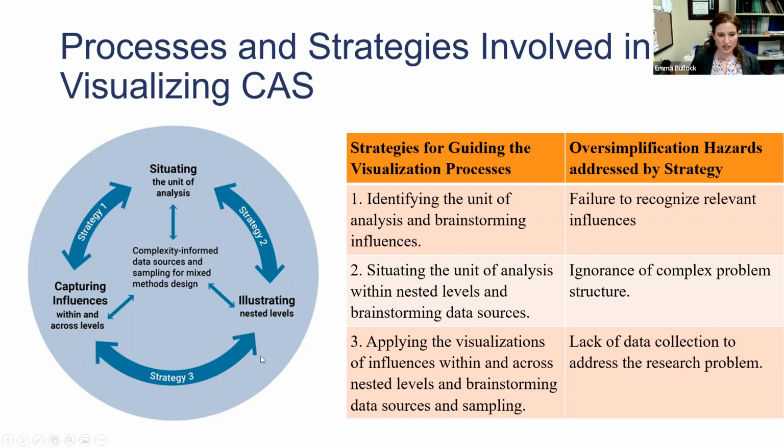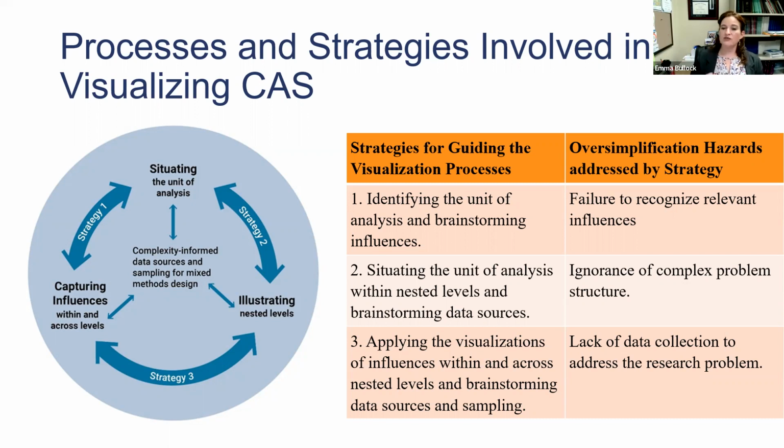The third strategy iteratively helps us deal with capturing influences within and across levels and illustrating nested levels. And I'm going to show you an example coming up of strategies 1 and 2 and the visualizations that are used in doing that. But then we take the visualizations from strategy 1 and 2, and in strategy 3, we apply those visualizations of influences within and across nested levels and brainstorm further data sources and sampling.